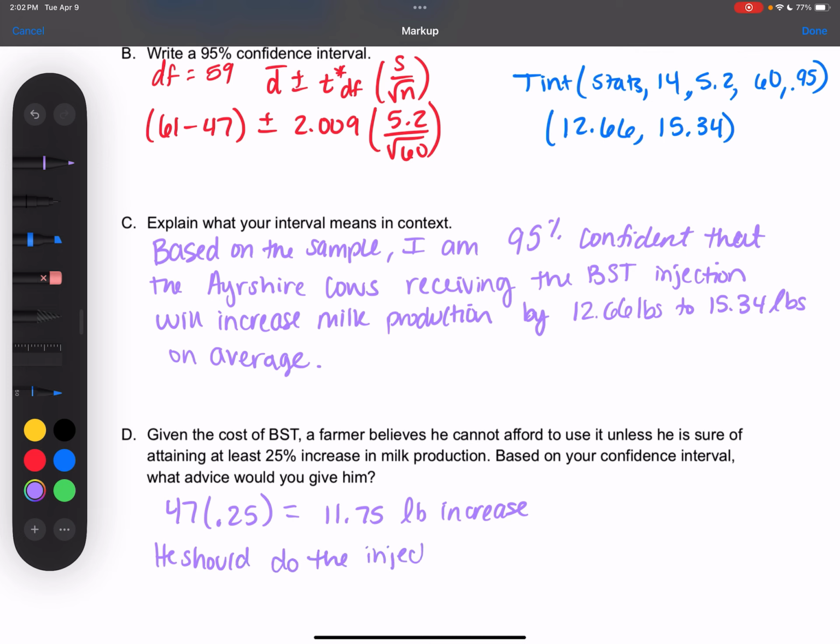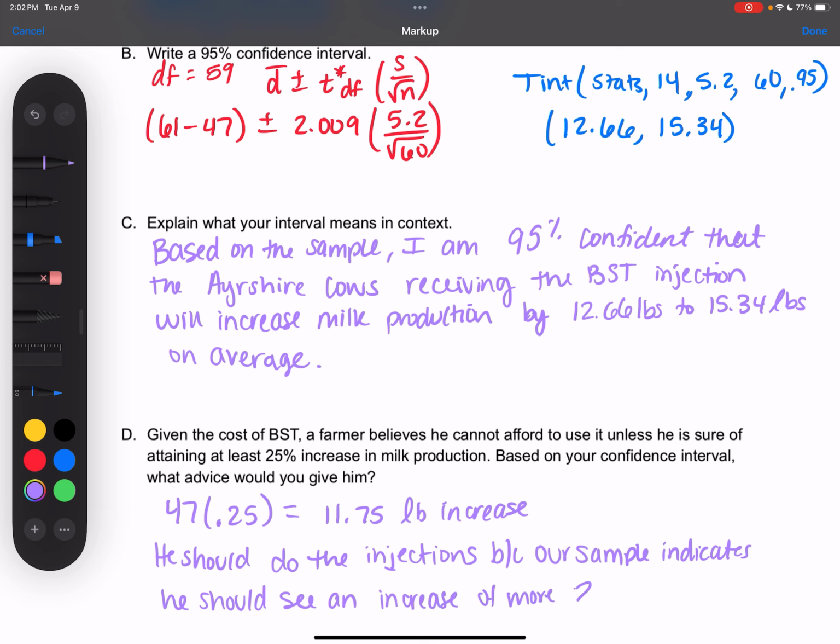Maybe not if he wants organic cows, but he should do the injections because our sample indicates he shouldn't see an increase of more than 25%.